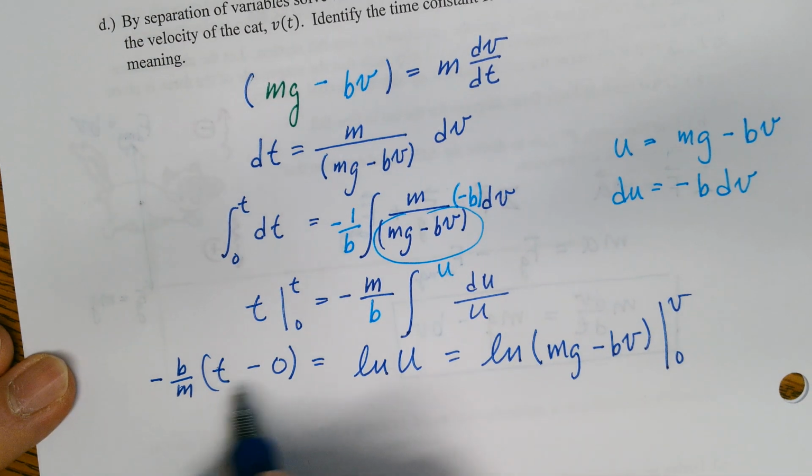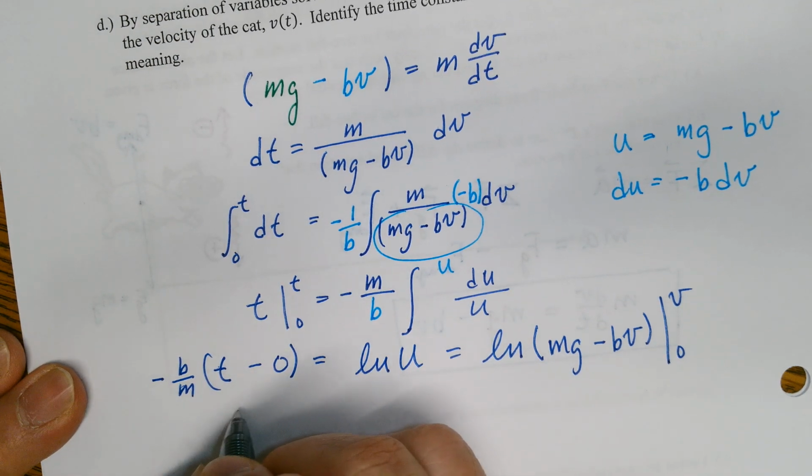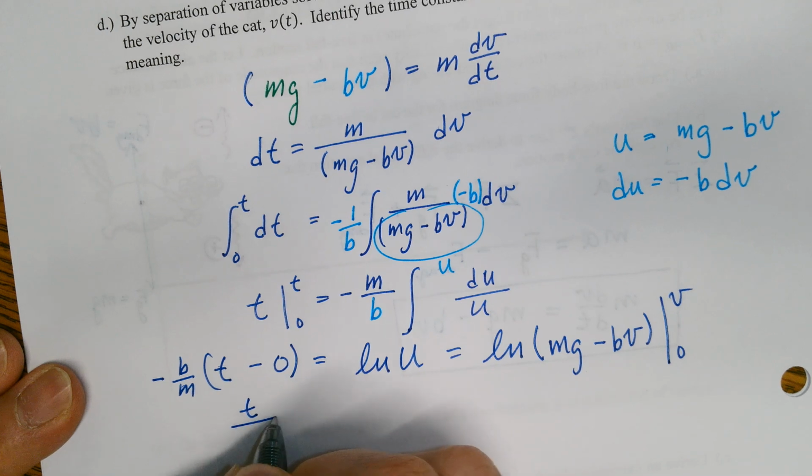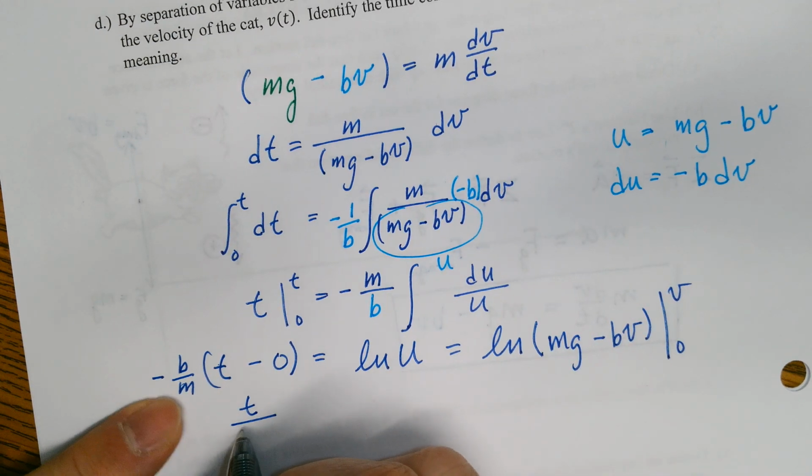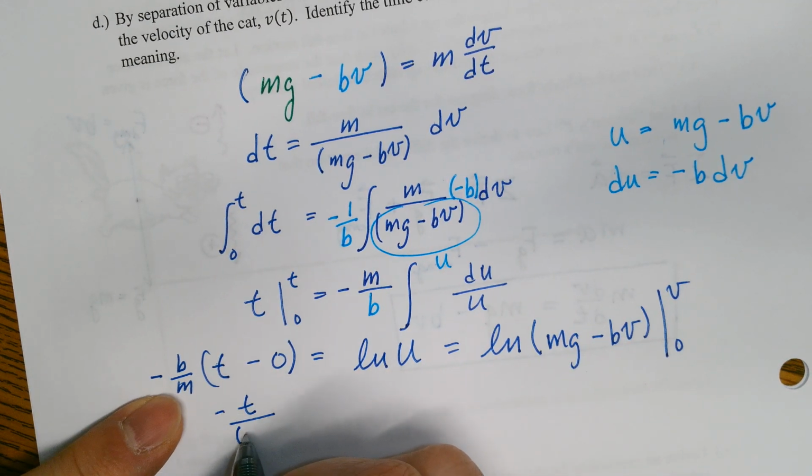For this side, it's just going to be t. Forgive me, but I just want to say m over b here. You'll see why later.